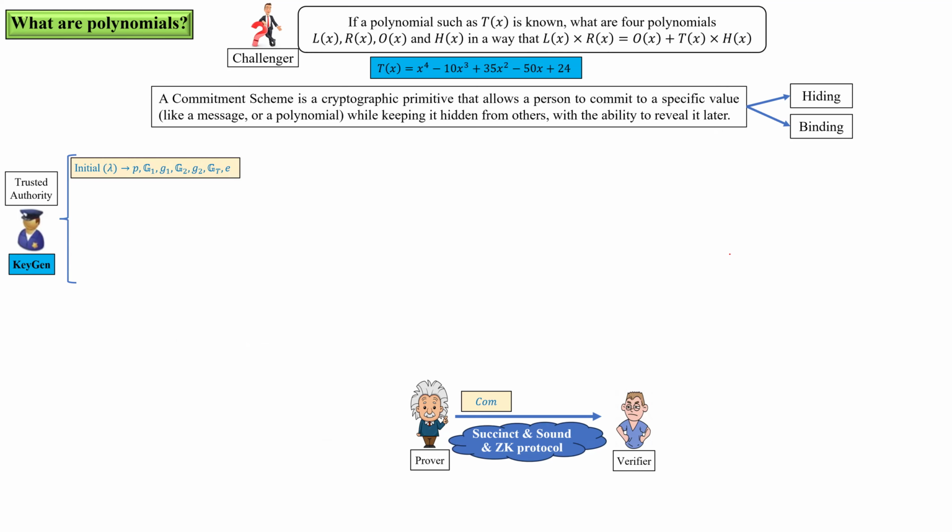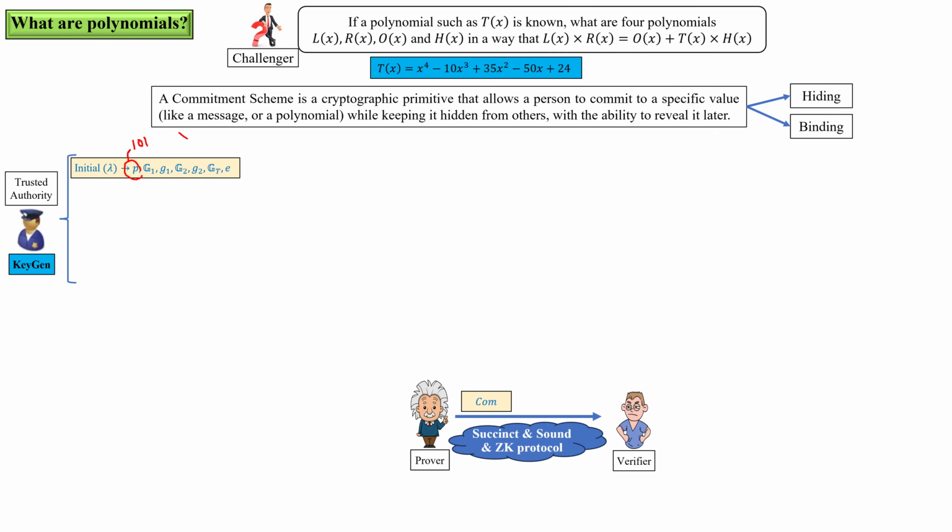The first step is that the trusted authority runs the key generation algorithm. The trusted authority decides the value of P, which is the prime number. You remember that in the previous discussion, we always used 101 as the prime number.